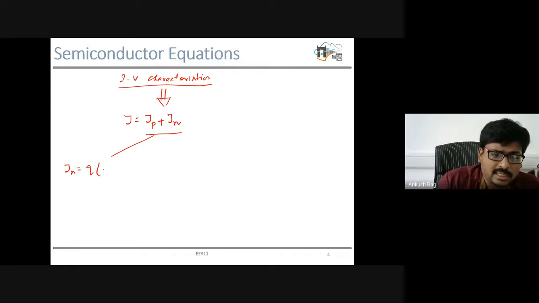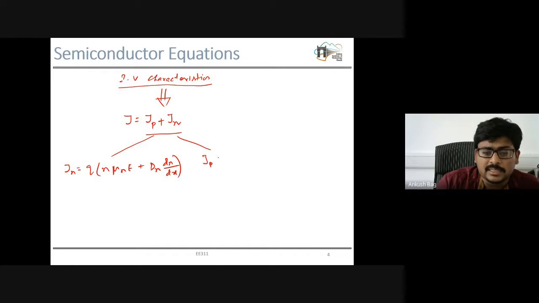This electron current density you can write in terms of drift current plus diffusion current, and similarly your hole current density you can write here, as you know, with a negative sign because this is for holes. So these are the two fundamental equations we have seen from our previous discussion, the last module discussion.